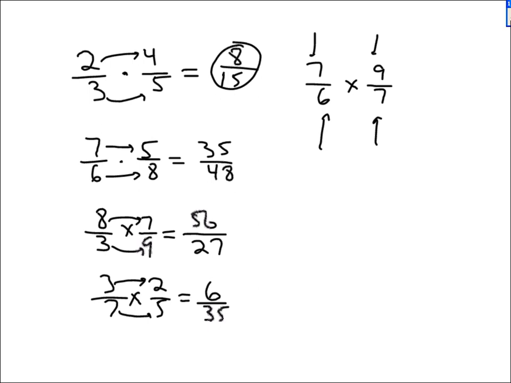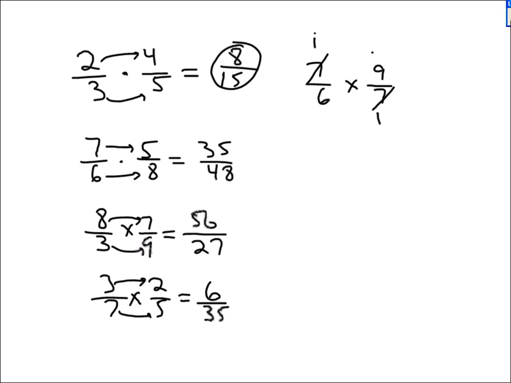The answer is yes. 7 goes into both of those numbers, one from the top, one from the bottom. Into the top number one time and the bottom number one time.